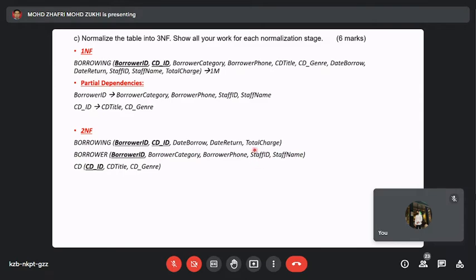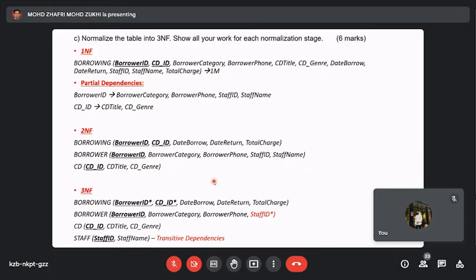When we have staff ID, it is a potential primary key for a new table, and then it also has staff name. So we know staff ID and staff name can be extracted out into a new entity.